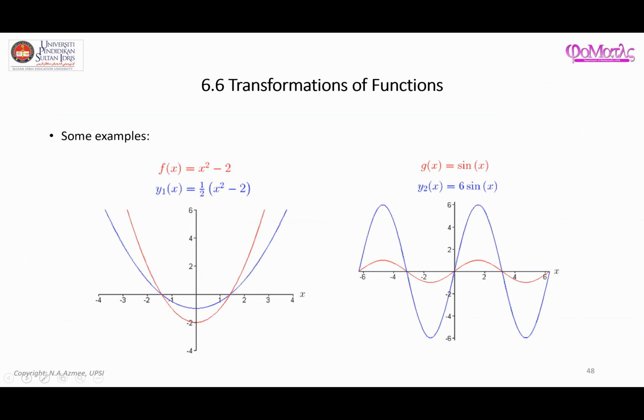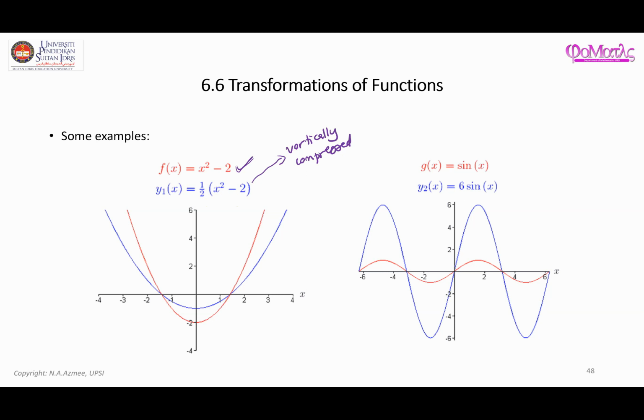Now, these are some other examples where you can see that the original function is given by the red line. So the red curve is the original function, and this one is the function being vertically compressed.